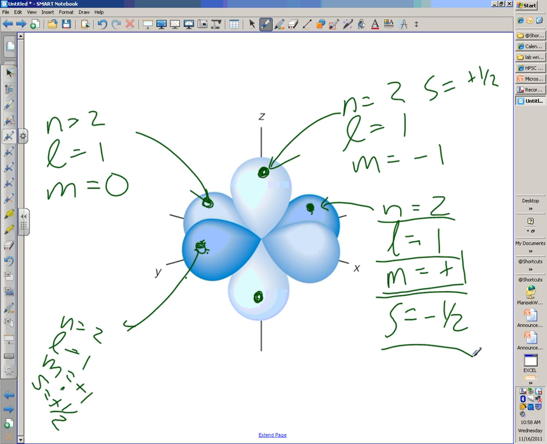Nick, go ahead. Say that on the second level there's two p orbitals, and then on the third level there's also two p orbitals. How would that fit together? Technically, how many p orbitals are there always? There's always 3.